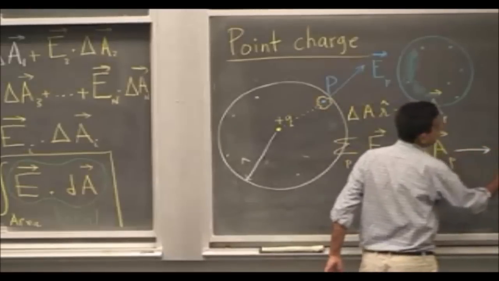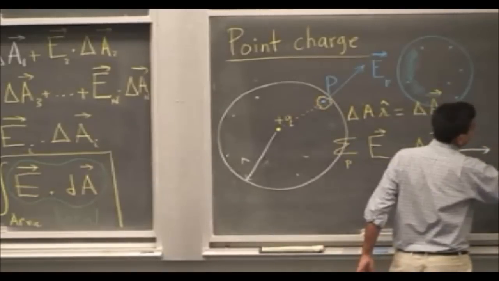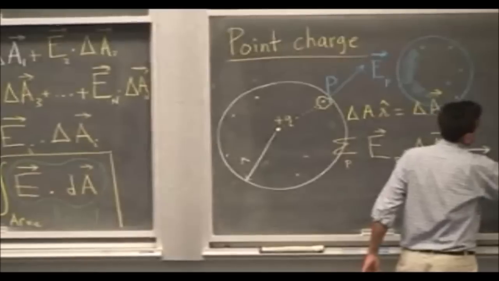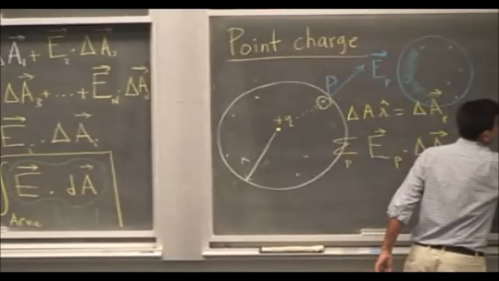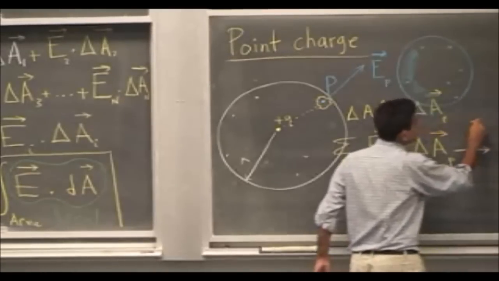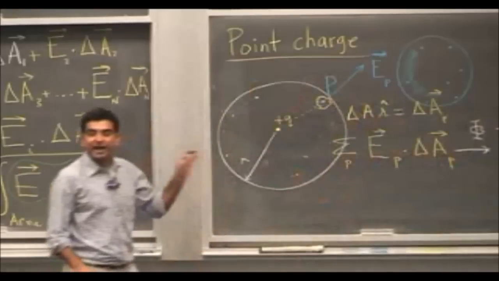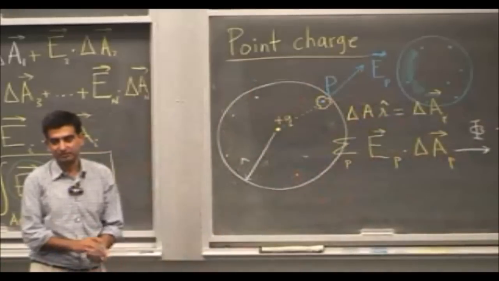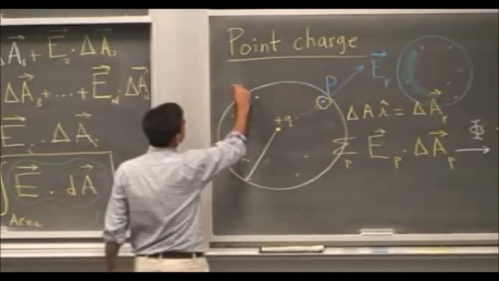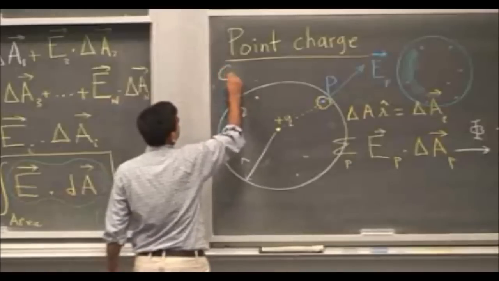This becomes E dotted with dA. This is the flux through this hypothetical surface which is at a distance r from the point charge. Such a surface is also called a Gaussian surface.